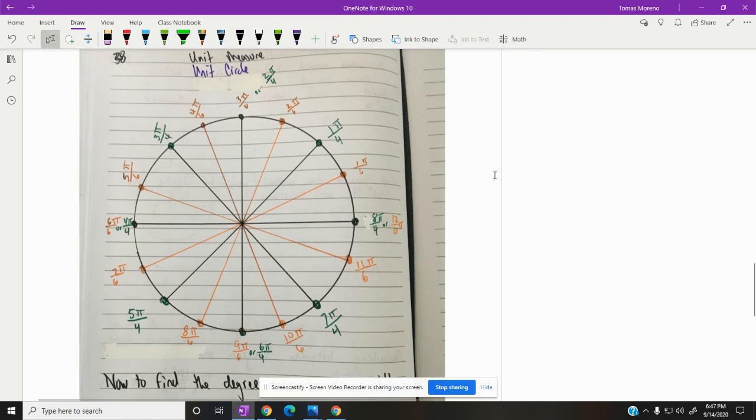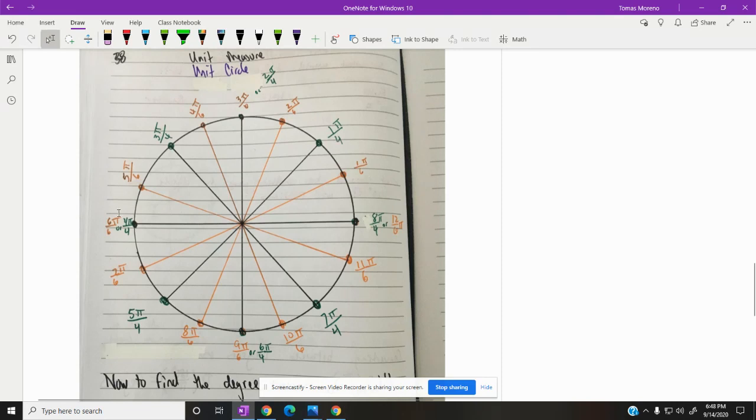So right here, guys, this is the unit circle that most people will learn. I tweaked it a little bit to go with the flow of how I like to understand it. So right here, I'm only going to look at the top half.